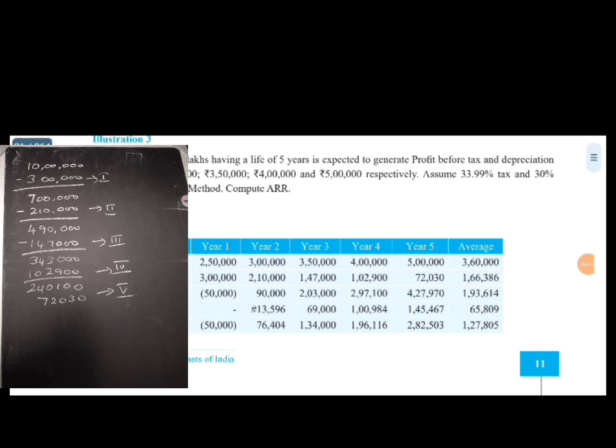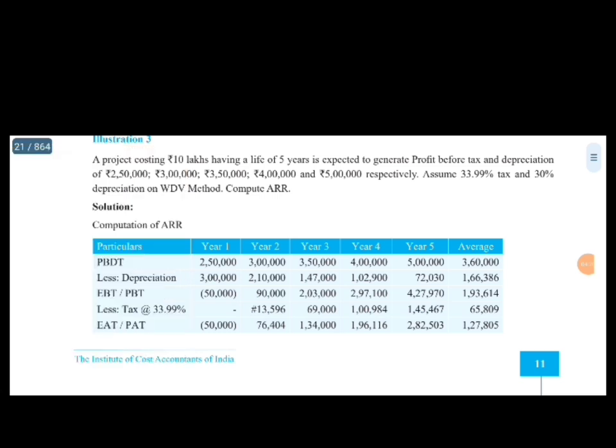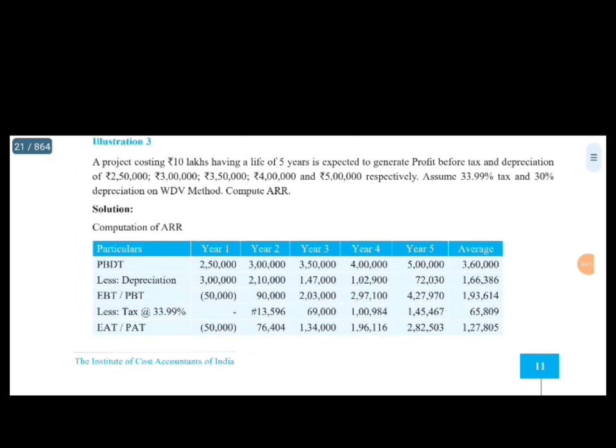We will get 7 lakh as the written down value for the second year, and then we have to calculate 30% on written down value 7 lakh, then we will get 2 lakh 10,000. Similarly we have to calculate for all the years. Then they have subtracted the depreciation from the profit before depreciation and tax, and we get profit before tax.